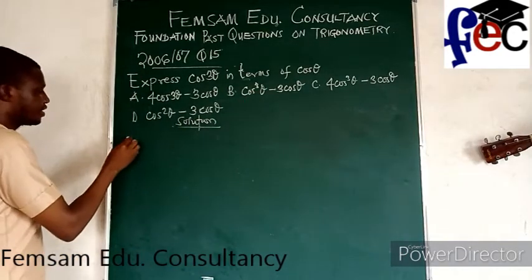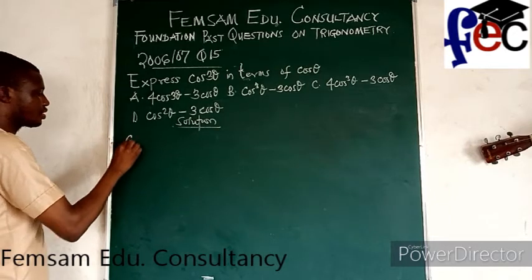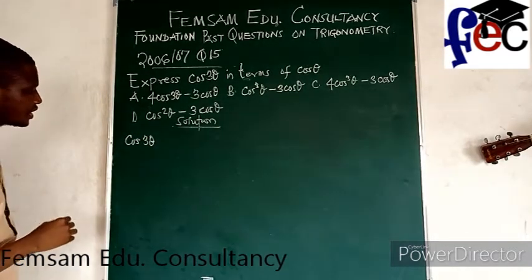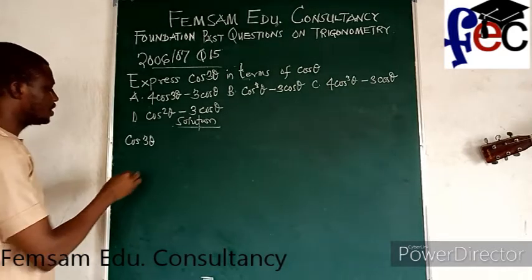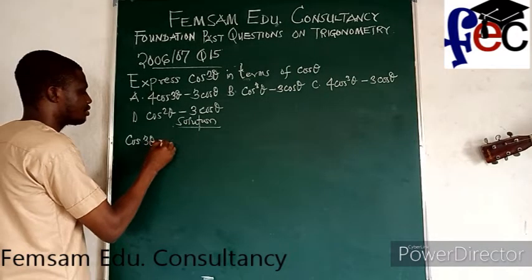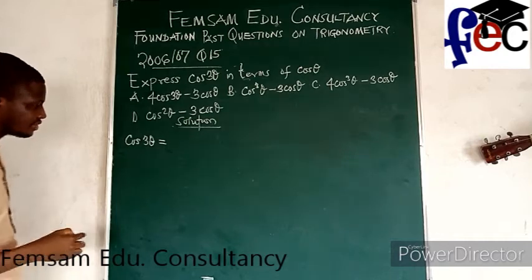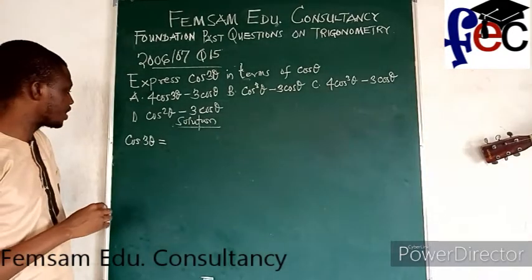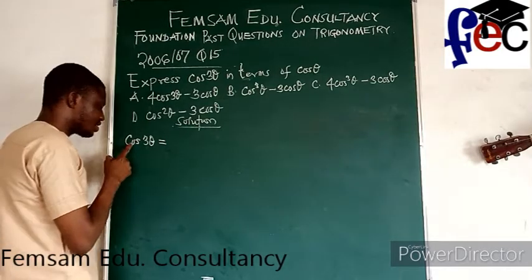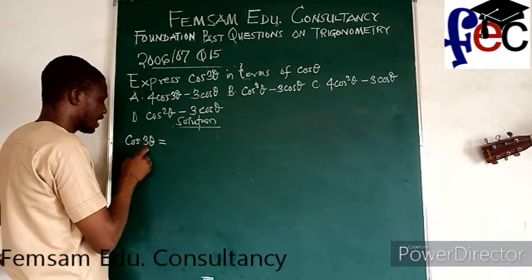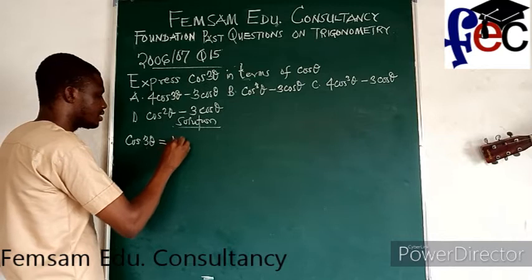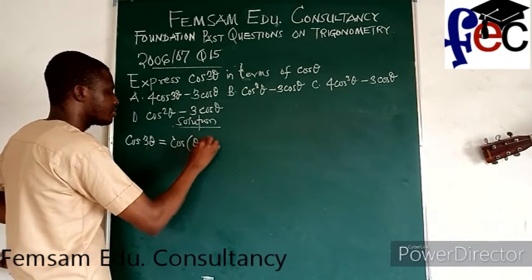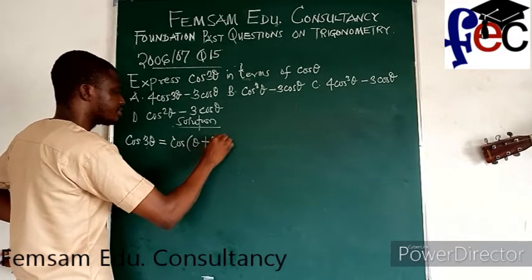So we have cos 3 theta. The first thing we need to look at is to see how to rewrite this 3 theta as a sum of two other angles. So I can write this 3 theta as the addition of theta with 2 theta.